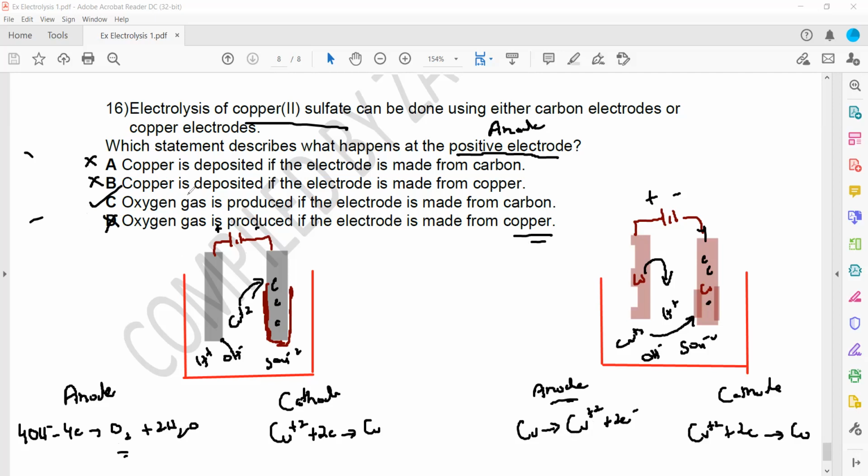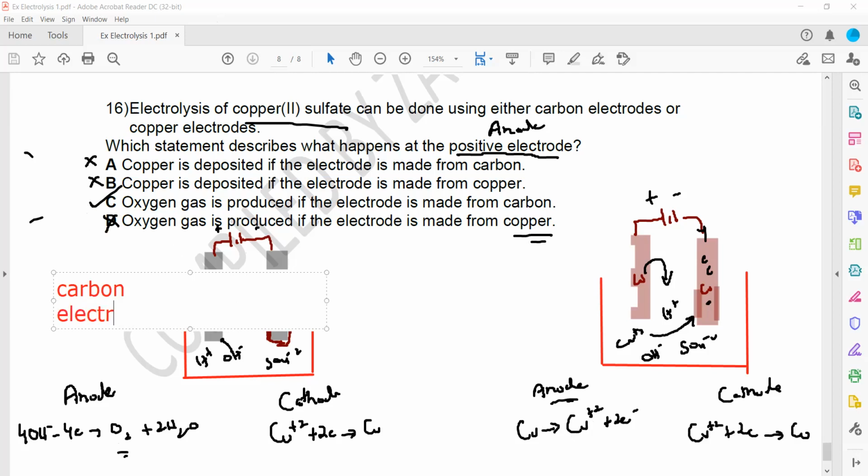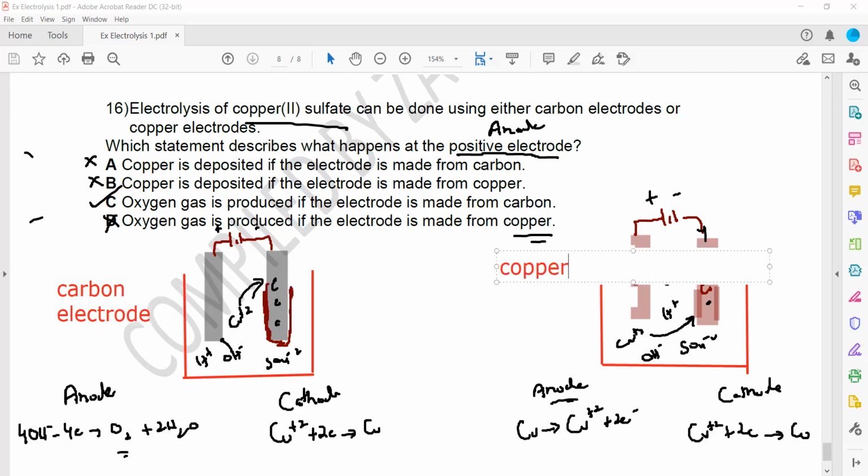Is it clear? So the first case we were using the carbon electrodes, and the second one we are using the copper electrodes. Any doubt in this question?